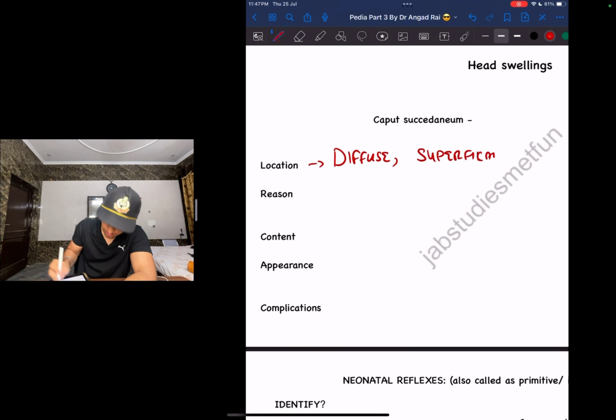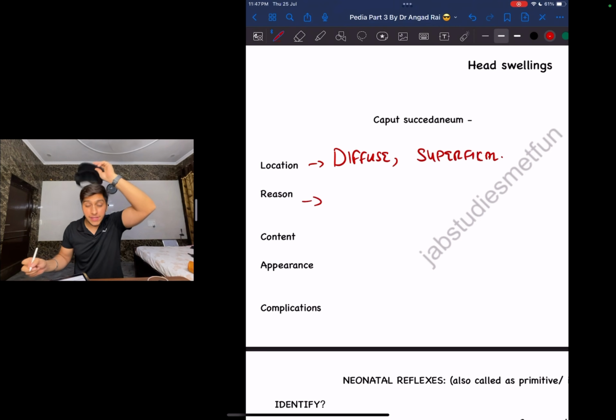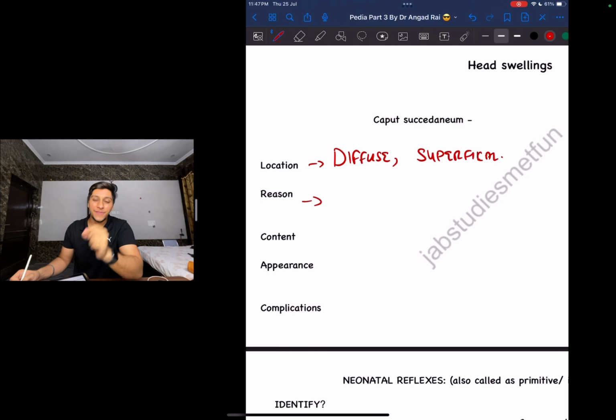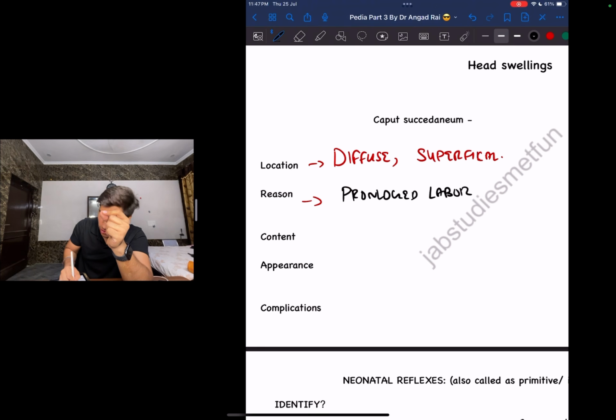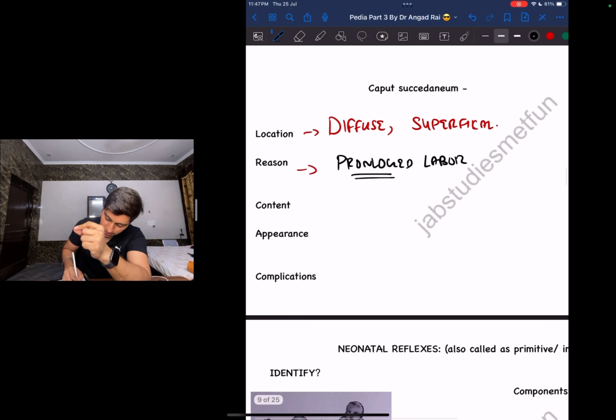Superficial. Okay. If you see the reason of caput succedaneum, it is prolonged labor. Because of this prolonged labor, there is an increase of hydrostatic pressure in the head.